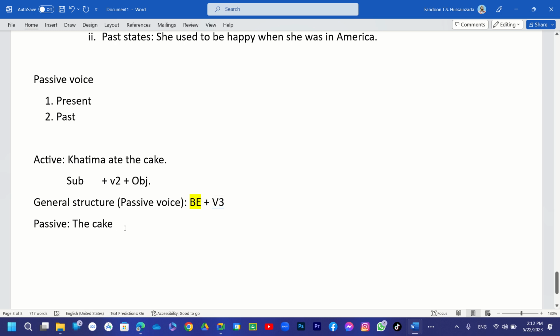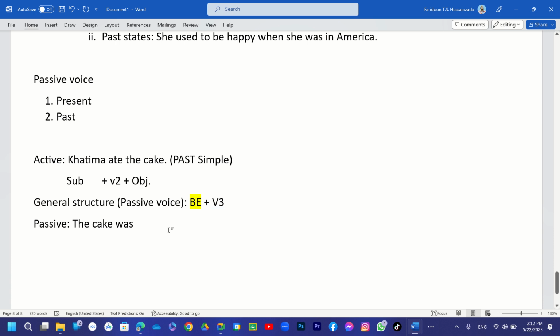But the form of be that I have to choose depends on the tense of my active sentence. My active sentence, Fatima ate the cake, is in what tense, guys? It is past simple, right? So when I bring a be verb, I also have to bring it in accordance with the past simple. So I'm going to say the cake was, not were, because the cake is only one.